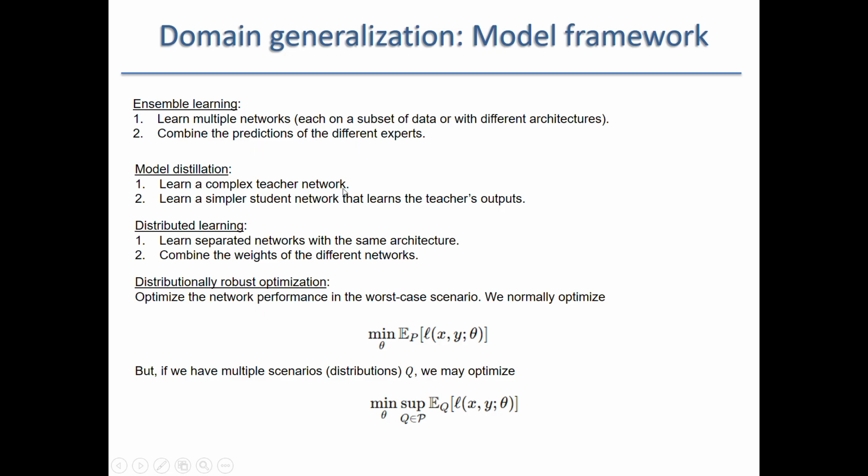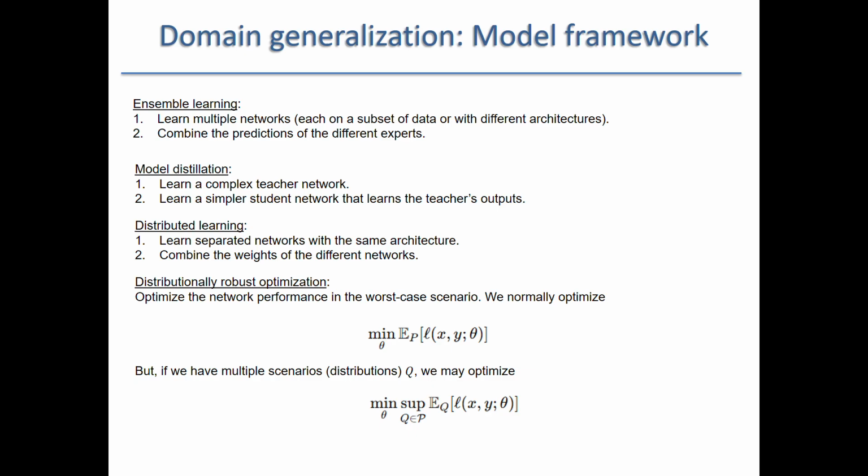Model distillation we have already seen: you learn a teacher network, and then a student network has to learn the teacher output. In distributed learning, you learn separate networks, all of them with the same architecture, and then you combine the weights of the different networks at the end.